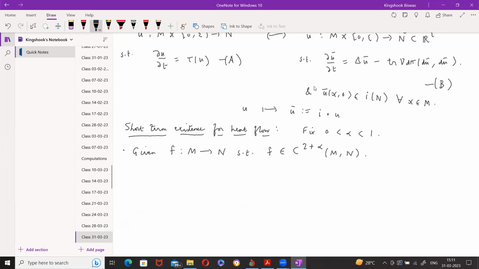So you let F bar be I composed with F, right? So this goes from M into I of N, which is sitting inside RQ. Now, what do we want?